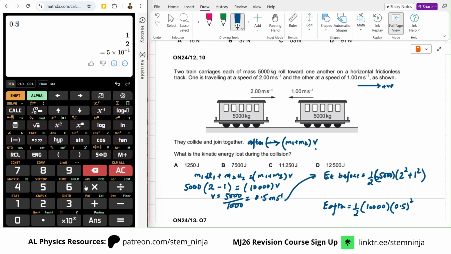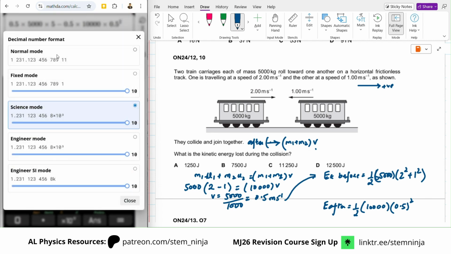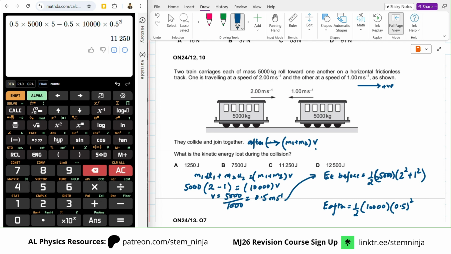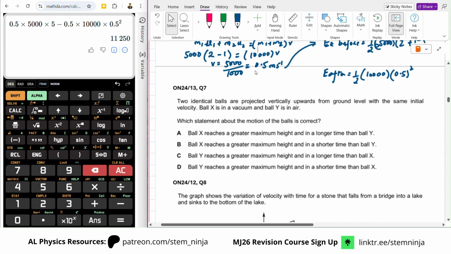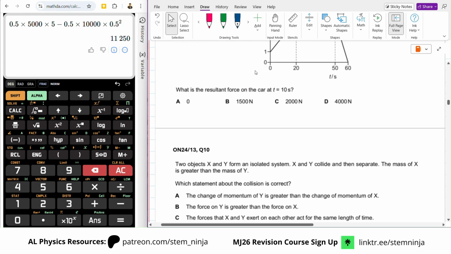So 0.5 times 5,000 times 4 plus 1, 5, minus 0.5 times 10,000 times 0.5 squared. So this is going to be, if you do it in the normal form, 11250. So that is the difference between before and after.